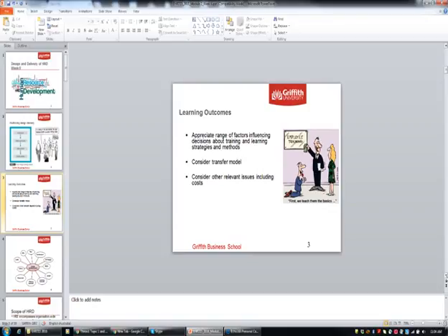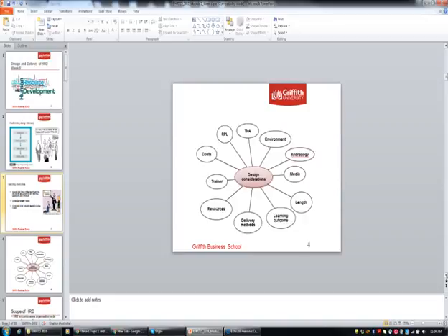So obviously some things like personal development perhaps may not directly transfer back, but you need to be very aware of that in your design and what you're aiming for. And also talking about other relevant issues here, including costs, which is obviously big in this area.